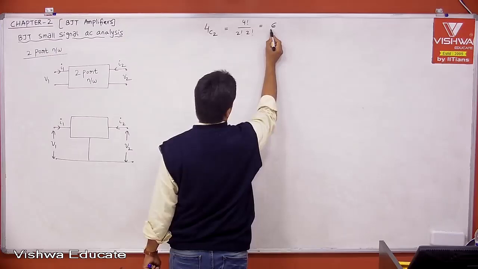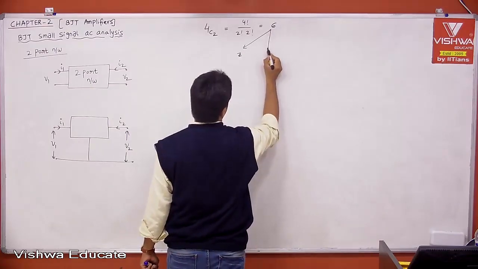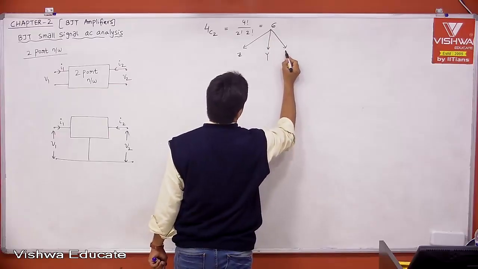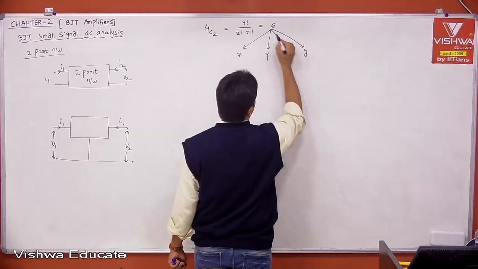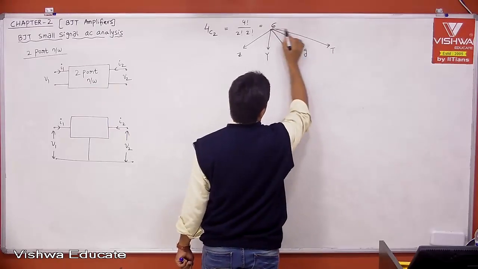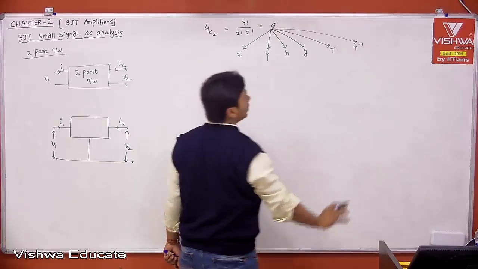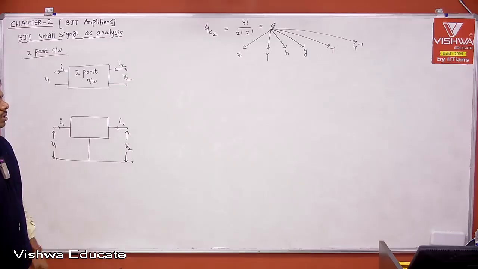Combinations in the sense, I can say number 1 the Z parameter model, number 2 the Y parameter model, number 3 the H parameter model, then the G parameter model, and ABCD, the transmission parameter model. The last one is the inverse transmission parameters, or inverse ABCD parameters. You will get 6 combinations.